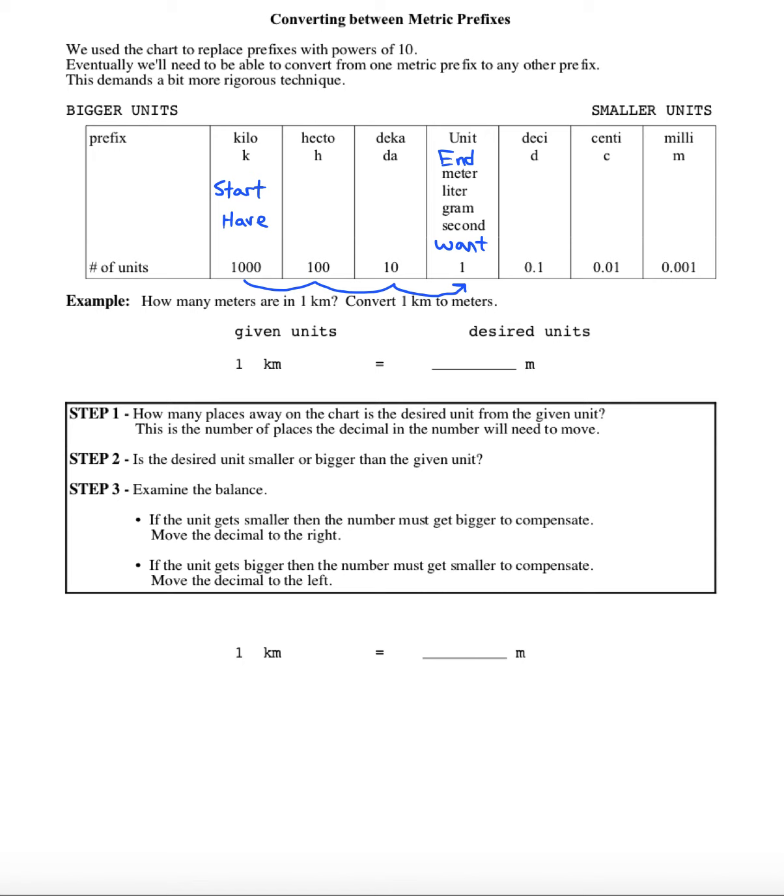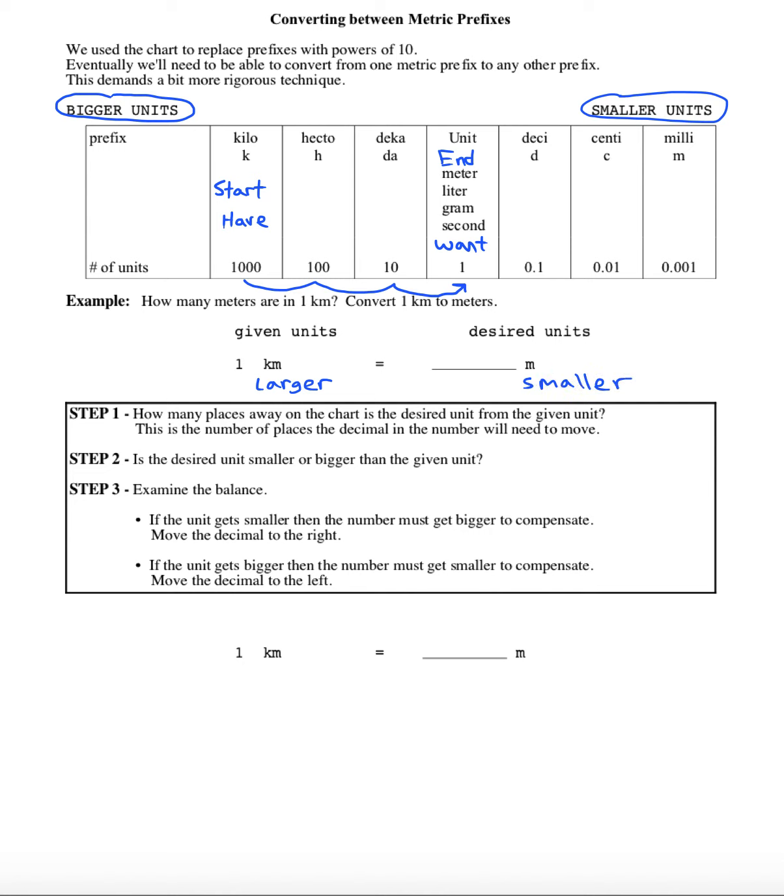Is the desired unit smaller or bigger than the given unit? So if we check out on the upper left here in the chart, I've written that the left side of the chart represents larger units and the right side represents smaller units, which means that a kilometer is larger than a meter.